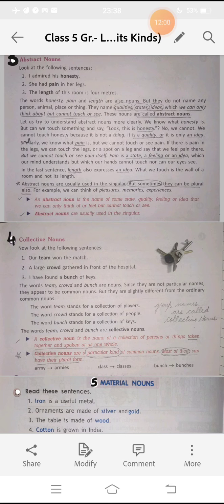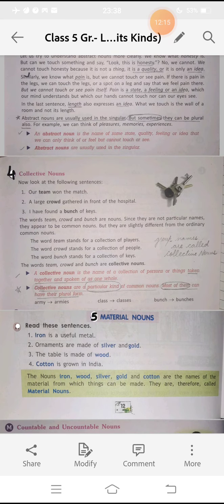Next we have material noun. Material noun, as I explained in the beginning, is something which is used to make something. Material noun is a word or you can say a substance which is used to make something. The definition goes like this.